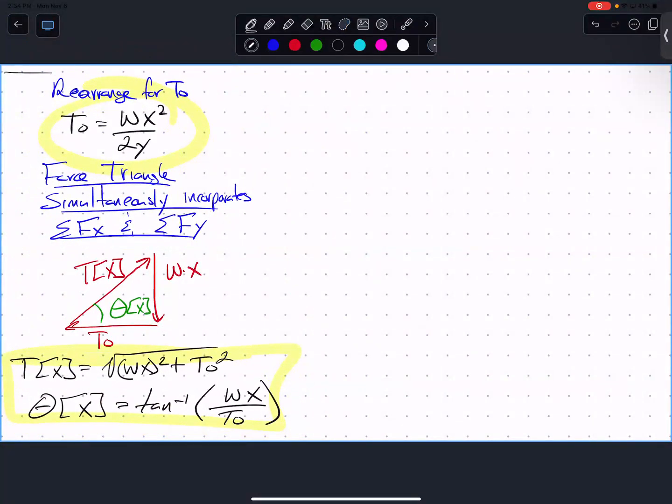All right, we have our three other FBDs too, that can come in handy at times. We can do the FBD of the whole.